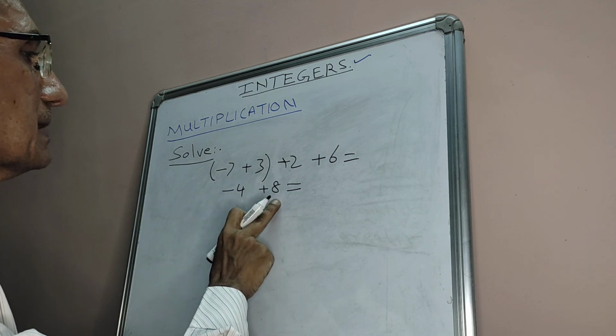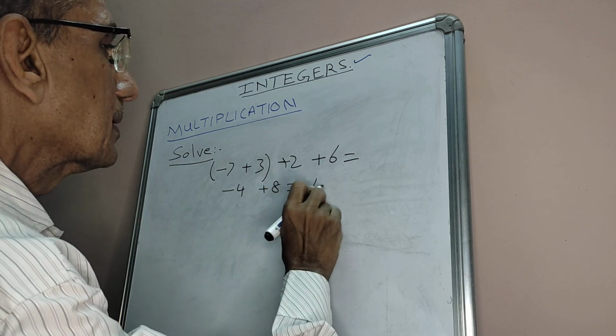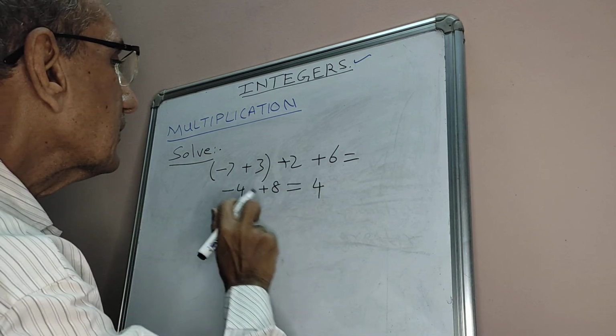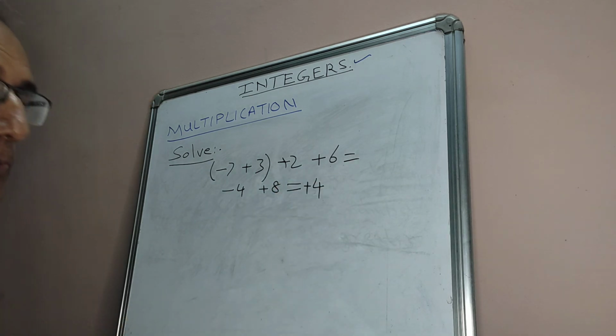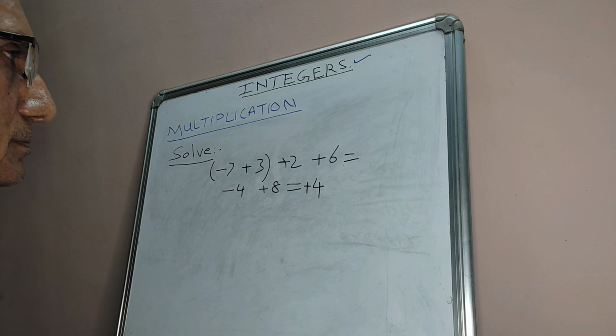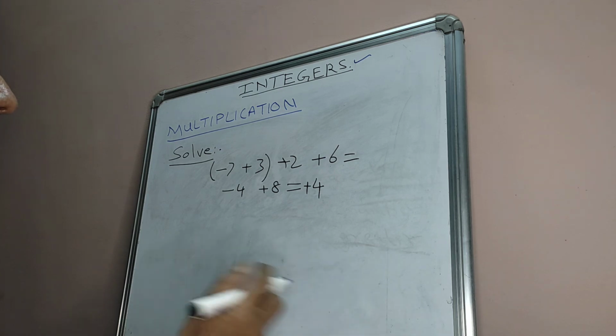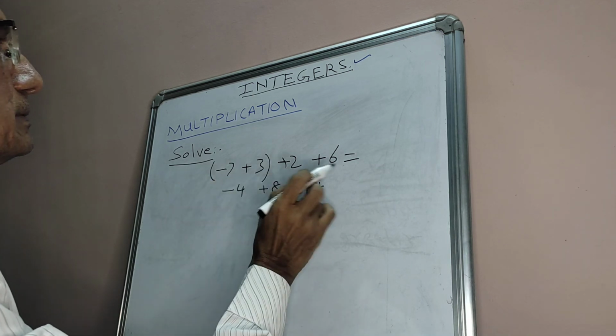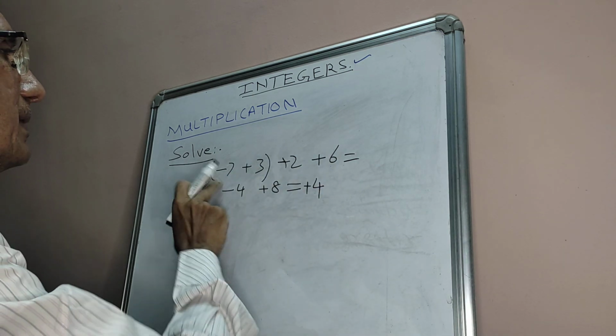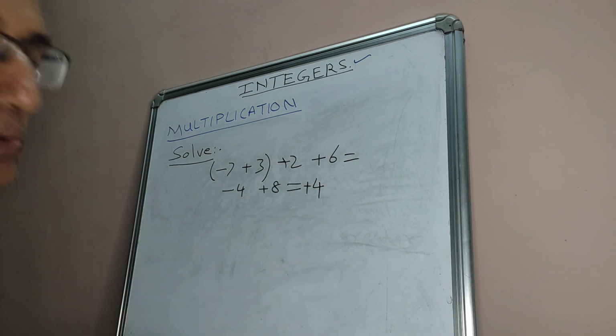Subtract the numbers and put the sign of the greater number. 4, and the sign will be plus. If you do it directly also, 6 plus 2 is 8, 8 plus 3 is 11, 11 minus 7 is 4. Either way you get the same answer.